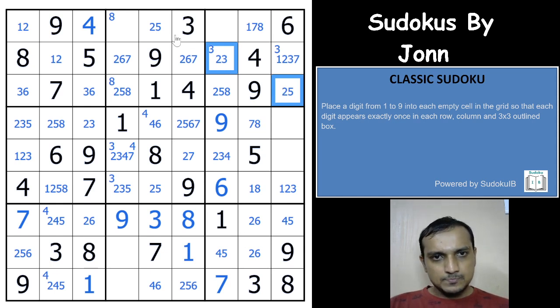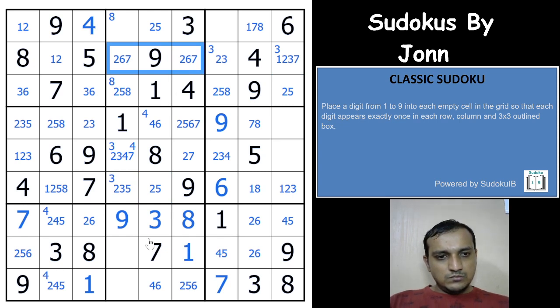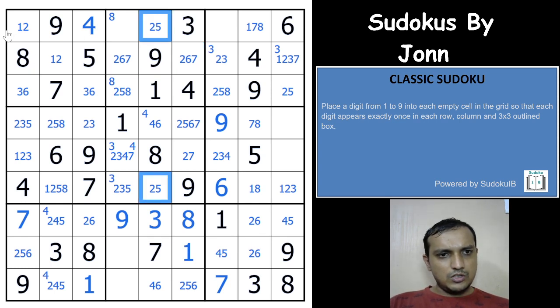No, something with the 2 5s, because this is a 2 5 here. So if you get a 2 here, both of these would be 5. Is that anything with the 2s?